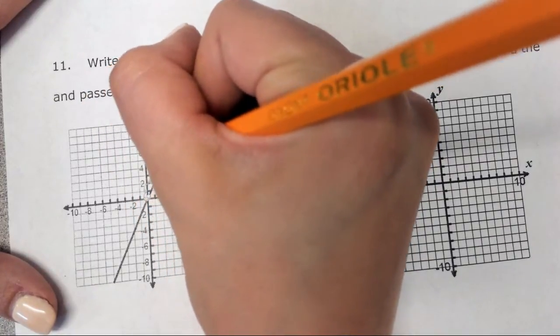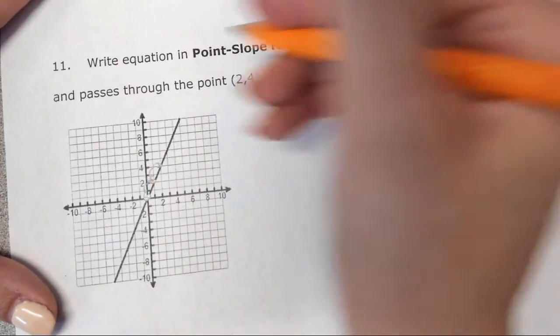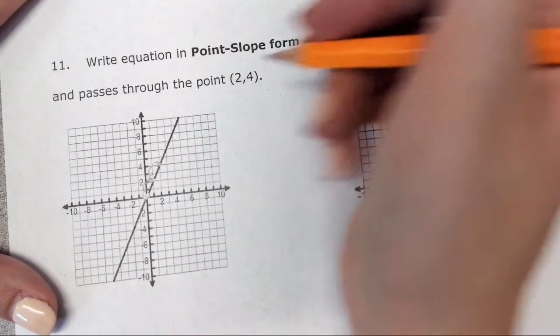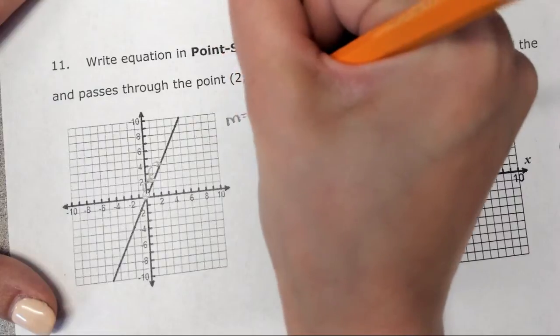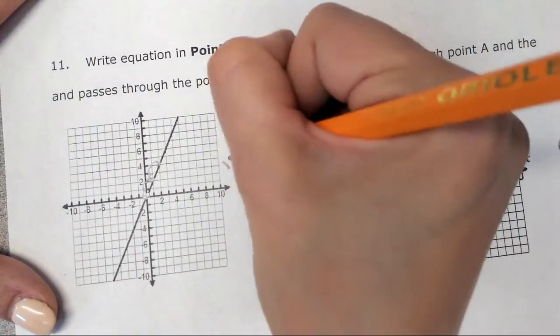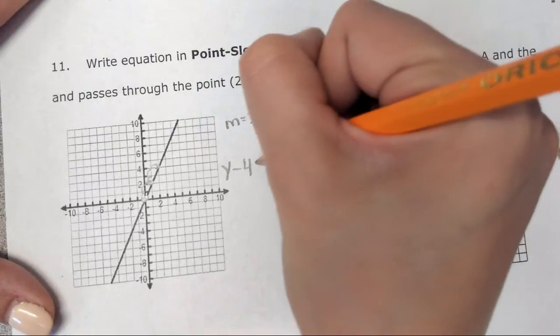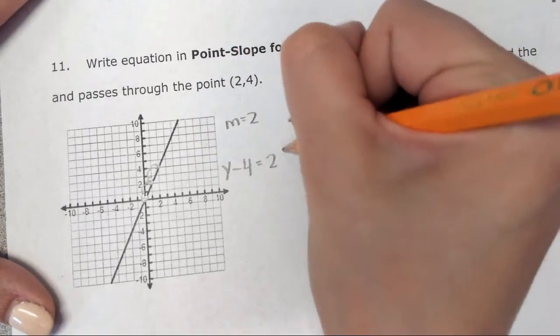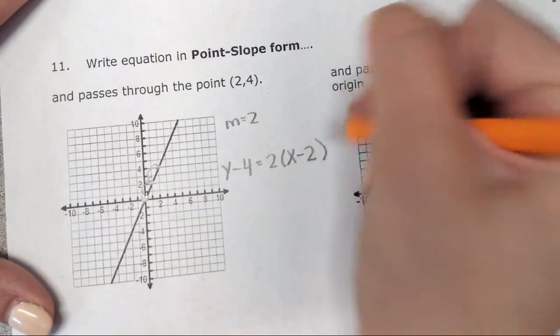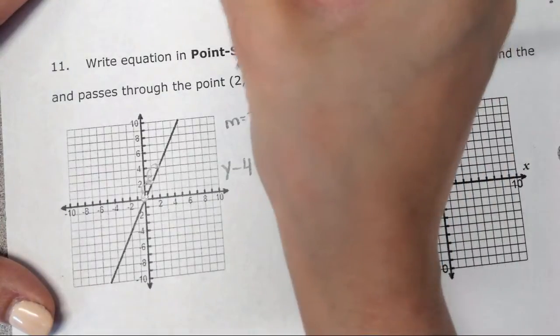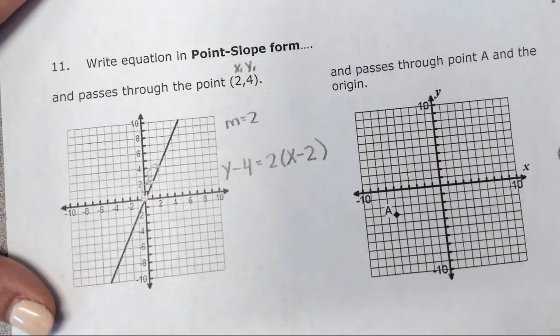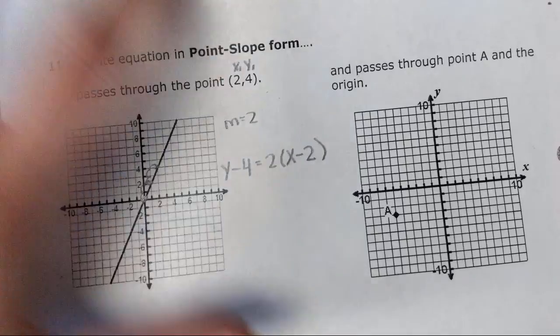Up 1, 2 over 1. So it's got a slope of 2. So it'd be y minus, the y value is 4, equals, the slope is 2, parentheses x minus, and the x value is 2. This is x1, this is y1. And you just use your formula.